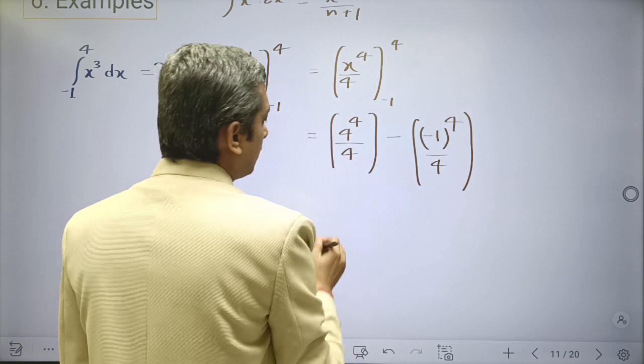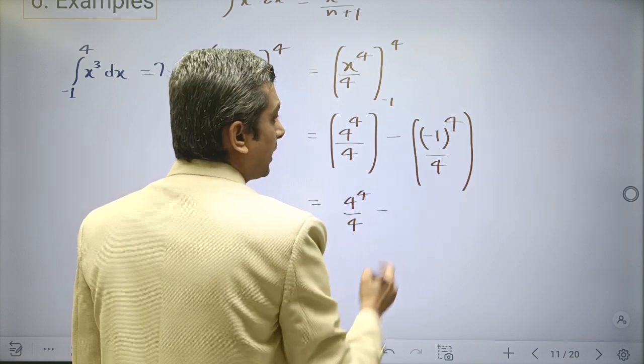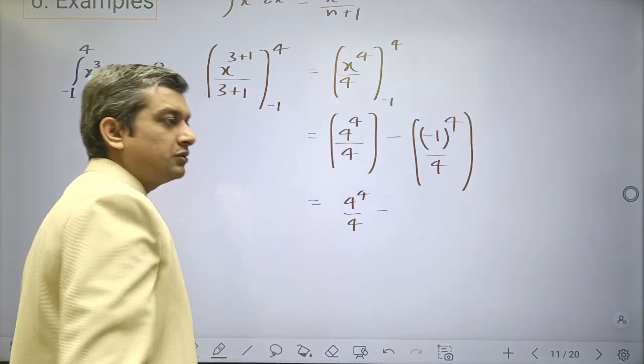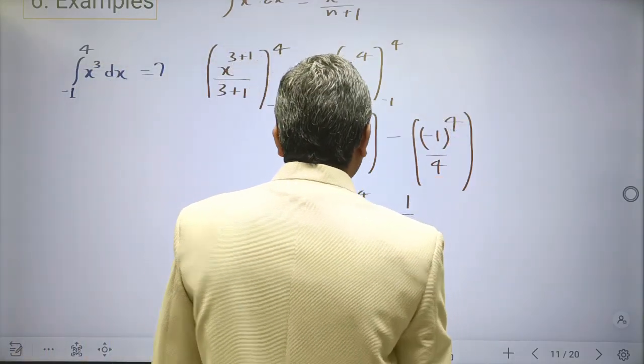So this will be 4 to the power 4 by 4 minus 1 to the power 4, even multiplier, even power. So this will be 1 by 4.